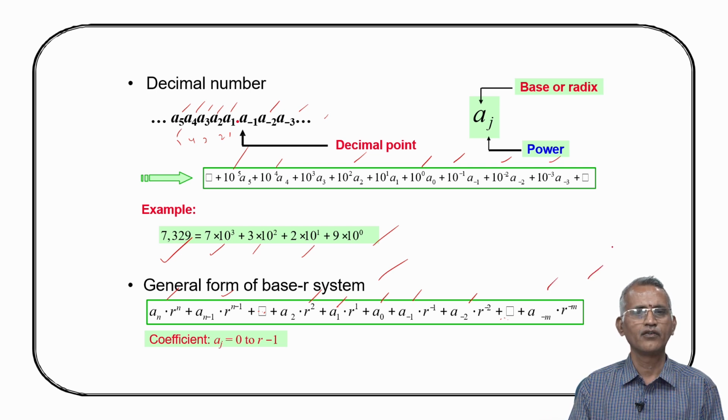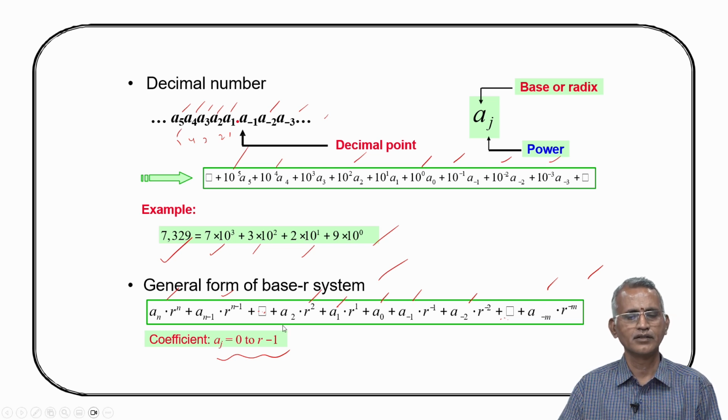The coefficient Aj ranges from 0 to R minus 1. So, this way we can write the general form of the base R system.